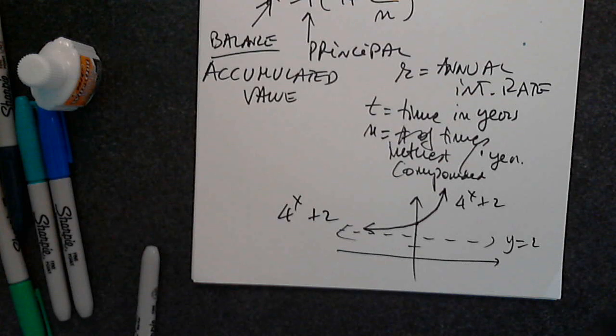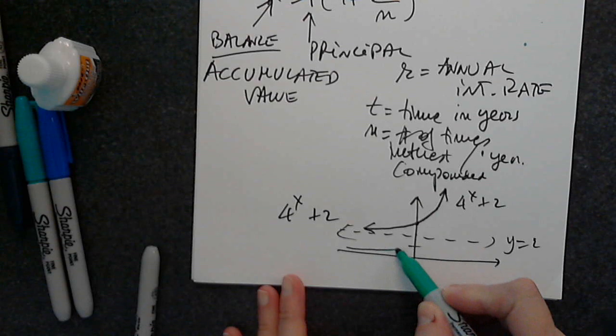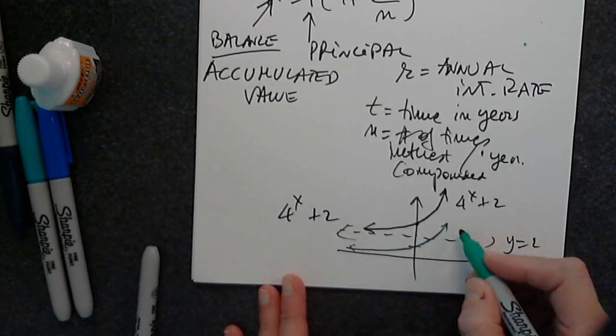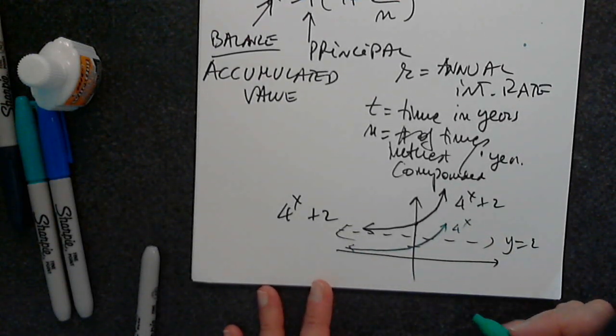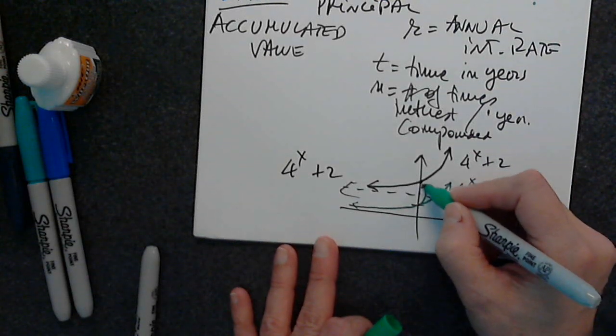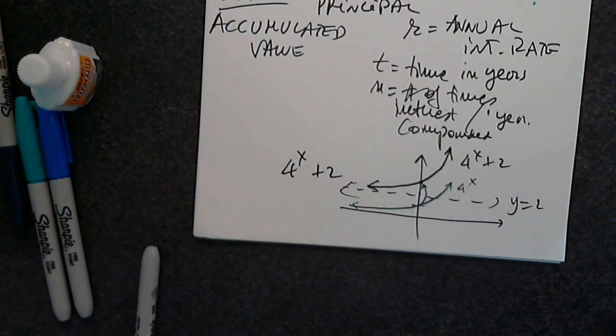It crosses the y-axis at 2. Initially, it was here. This is 4 to the x, and then it moves up 2, from 1 to 3.